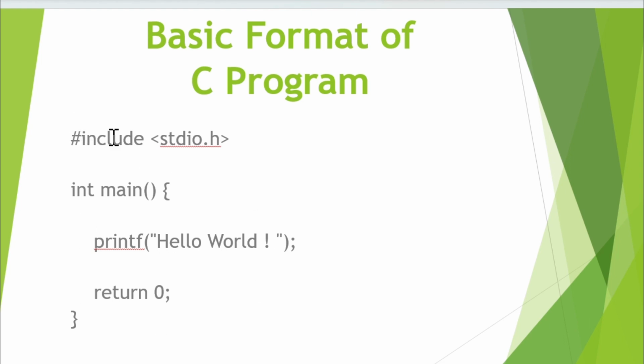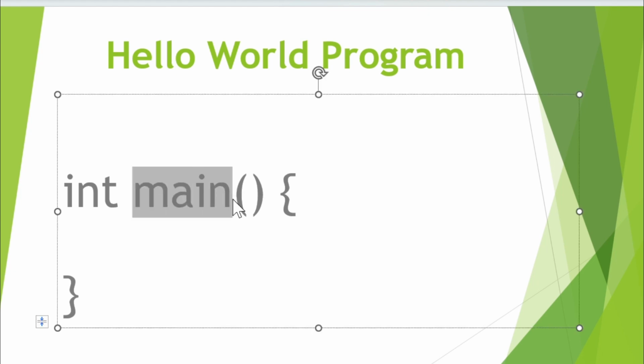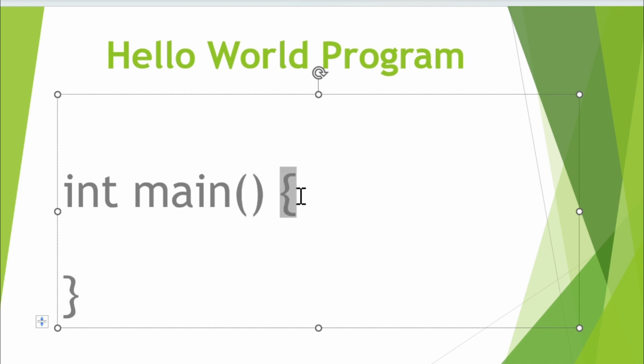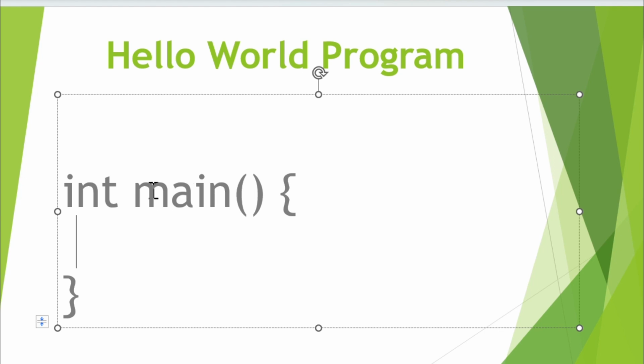Now we will break these steps one by one and see why we are writing these things and what each line means. The first thing in a C program, or in any programming, is main. Here we have written main and two round braces, followed by an opening curly brace and a closing curly brace.